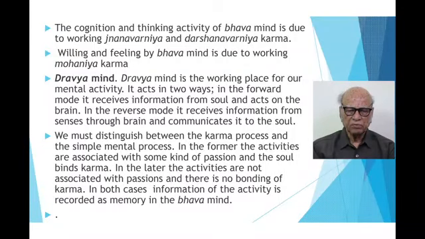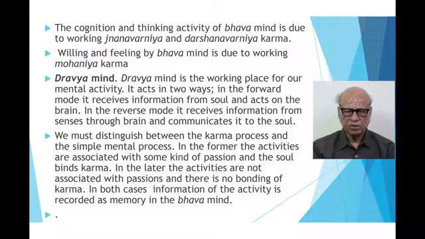Then about the dravya mind. Dravya mind is the working place for our mental activity. It acts in two ways. In the forward mode, it receives information from the soul and acts on the brain.